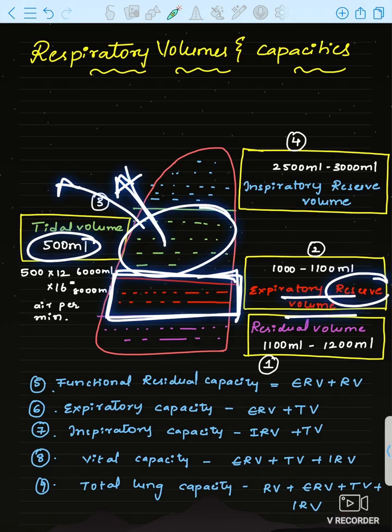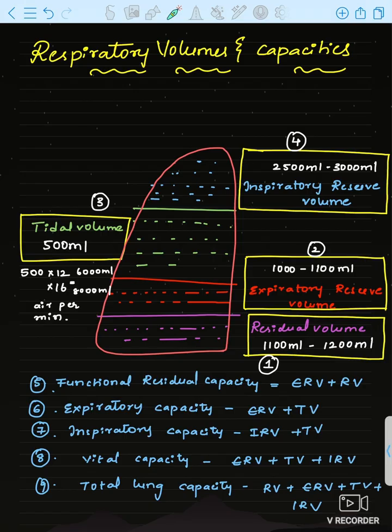Okay, now this normal tidal volume is removed, and if you do forceful expiration, this expiratory reserve volume also will go outside. Okay, next one is inspiratory reserve volume. Now tidal volume you will inspire, if you want to inspire more air, forced inspiration, at that time this volume will be occupied, inspiratory reserve volume.